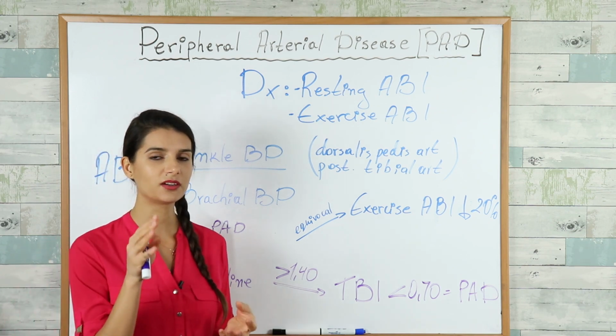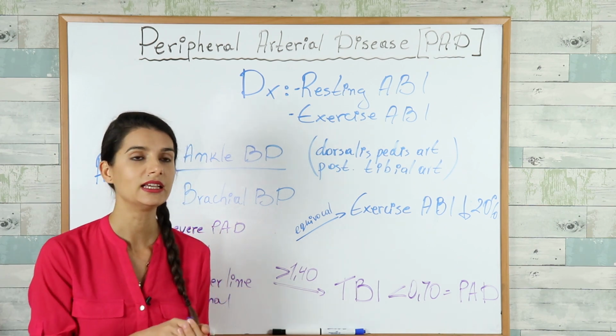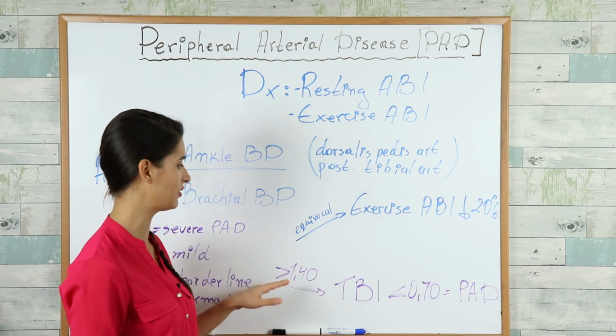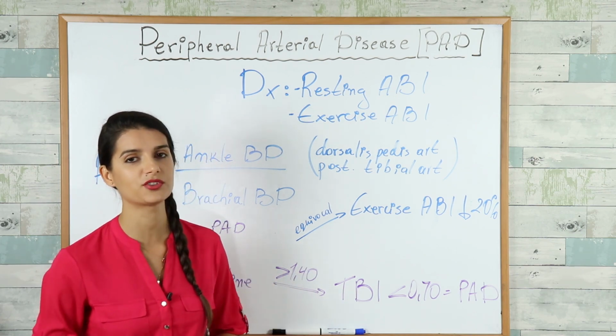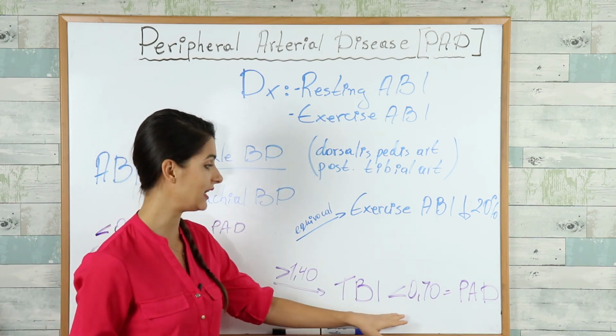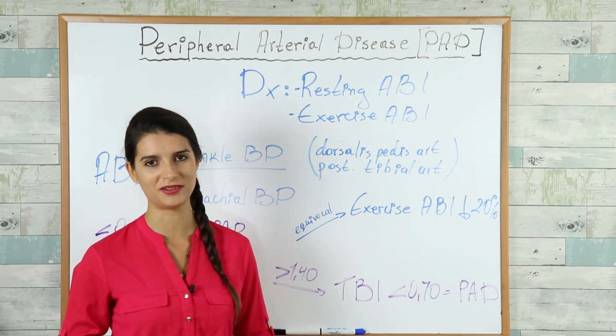The artery will be so calcified that it won't be able to collapse under pressure. That's why the index will be falsely elevated, more than 1.3 or 1.4. In these cases you have to measure the toe brachial index, and if the toe brachial index is less than 0.7, then you can diagnose peripheral arterial disease.